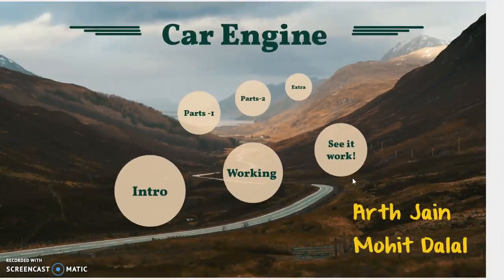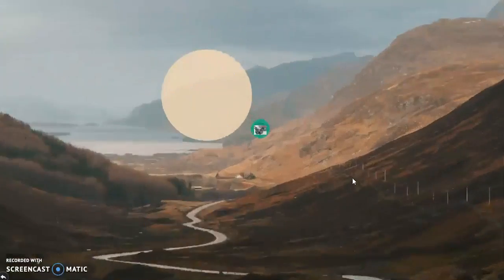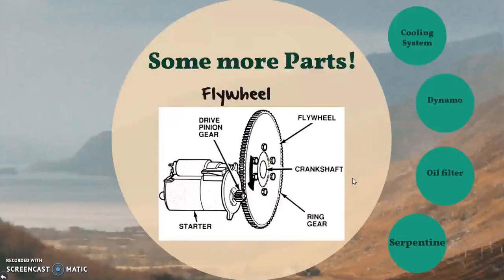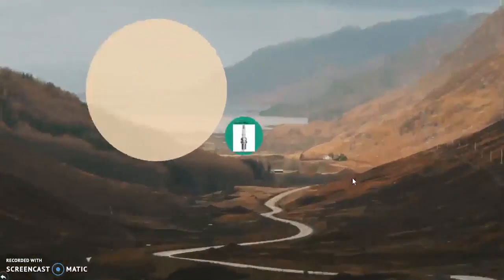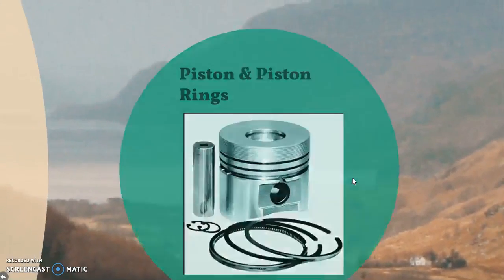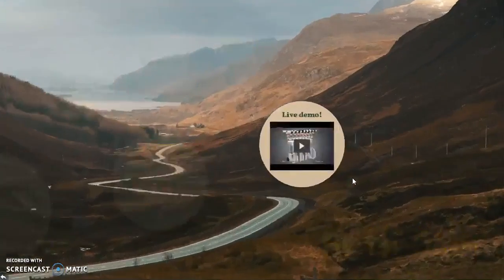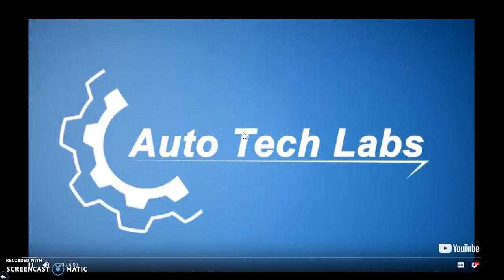There are other things which we have not discussed, such as the transmission system, because they would need a different video to discuss. However, we will now show the animation of how the engine actually works. So this is the working.